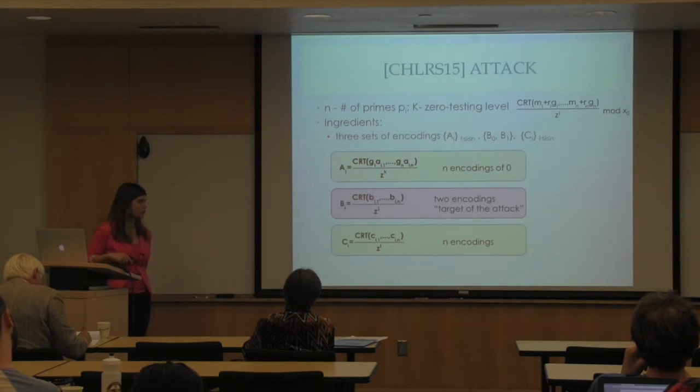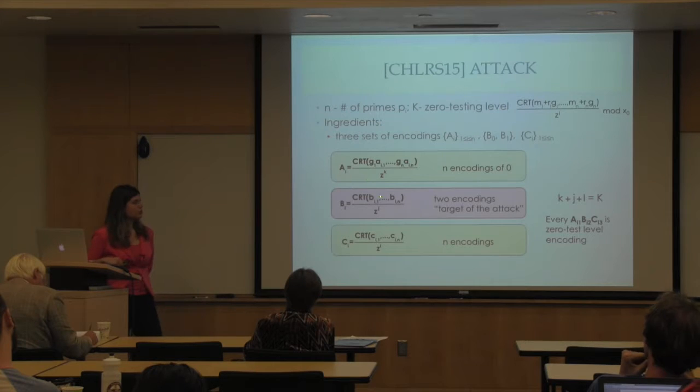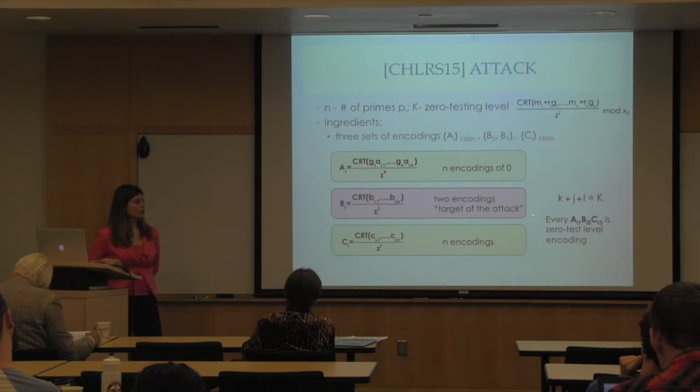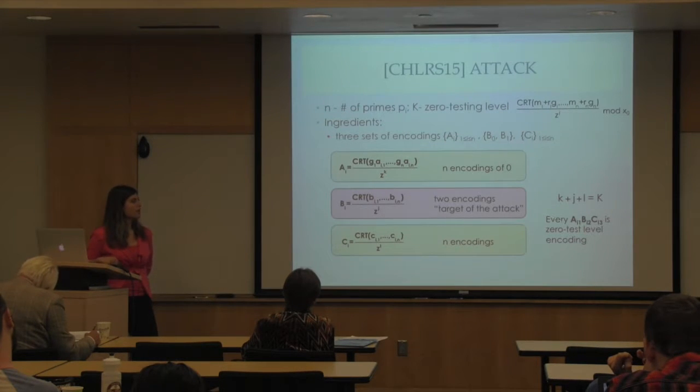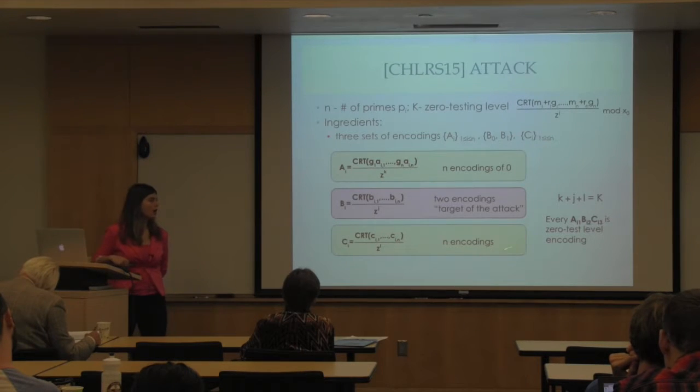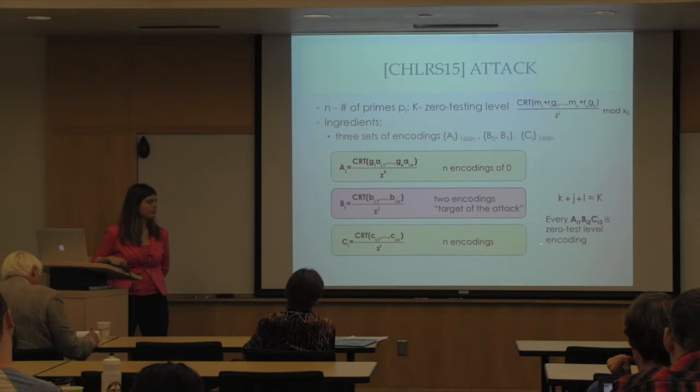The requirement on these three sets is the following: if we take any triple of encodings from these three sets, we obtain an encoding of 0 at the zero test level.